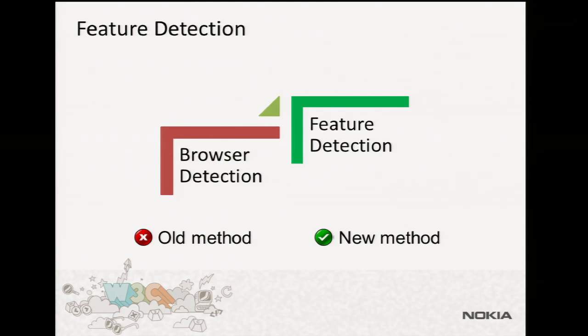The older way of doing this was to start with browser detection, and then based on each of the browsers, you assume the functionality will be there. But the newer way is to detect a particular feature, detect a particular API, whether it is available on your device, and then implement your function.